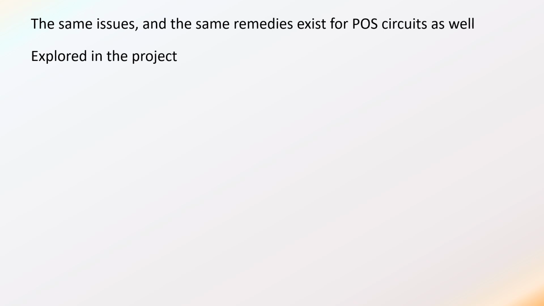Before I let you go, a couple of things. First of all, the next small lecture I posted, about 10 minutes, goes through a more elaborated example of removing possible glitches in slightly larger circuits, and there's also a POS example in there.